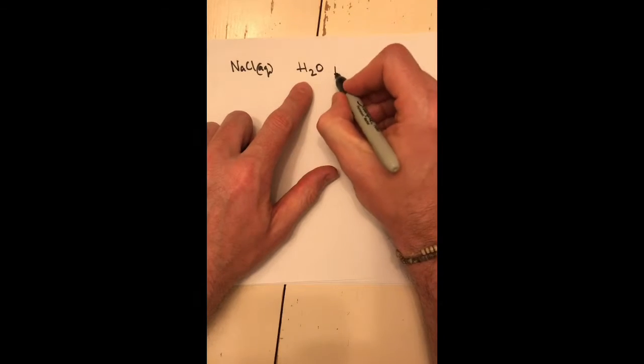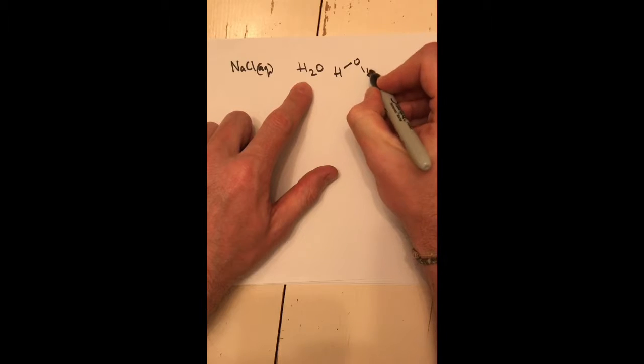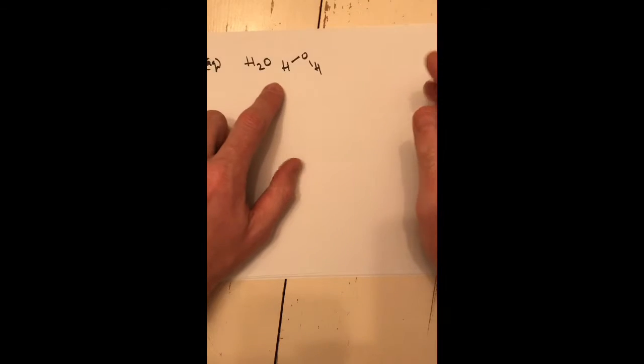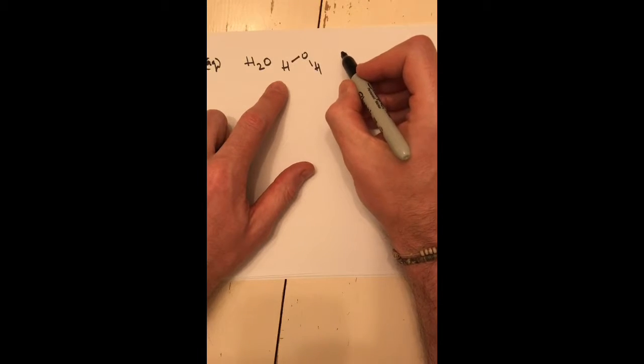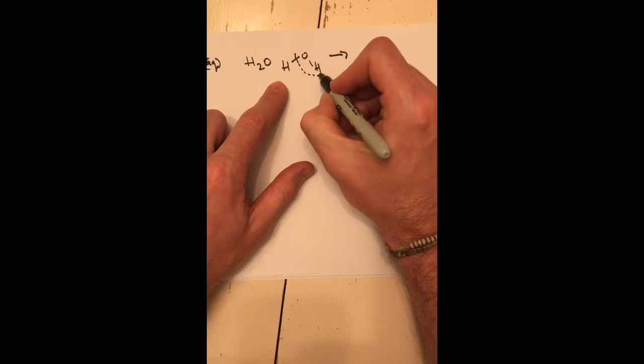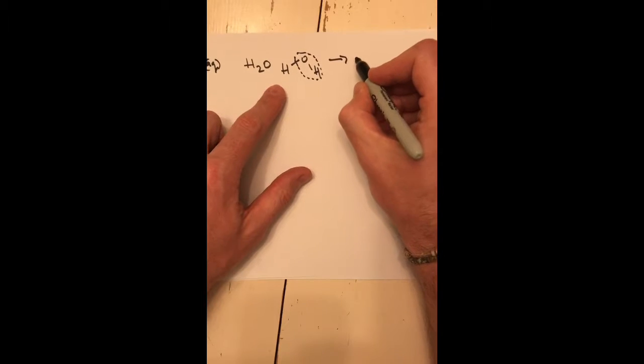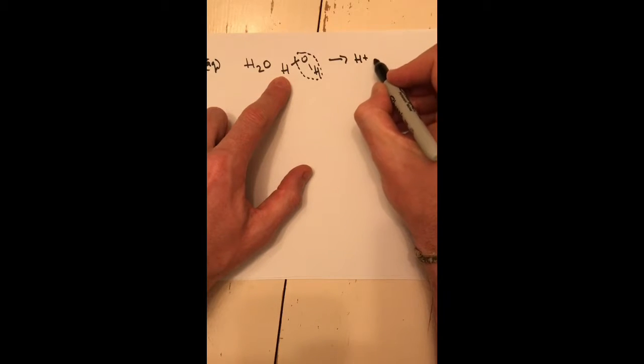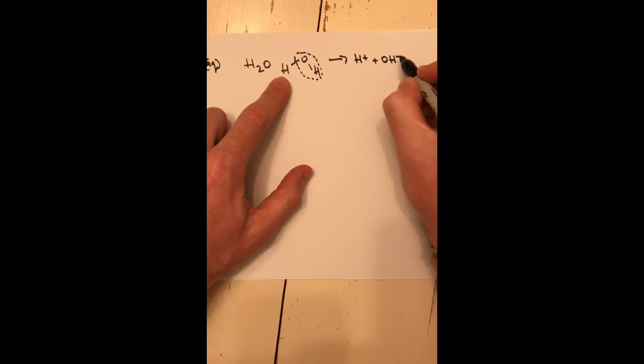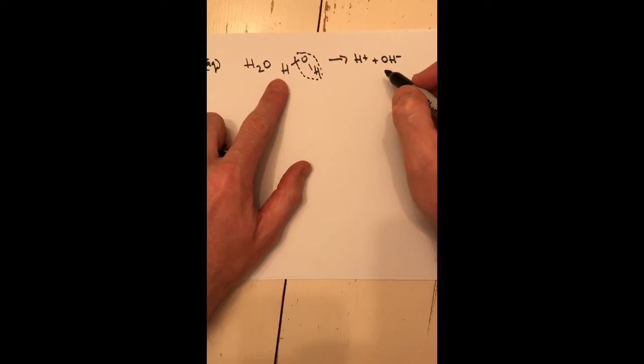Now if you remember, water looks like this. And water is able to ionize. If we do a little split here, that gives us a H+ ion and an OH- ion. So water gives us a hydrogen ion, H+, and it gives us a hydroxide ion, OH-.